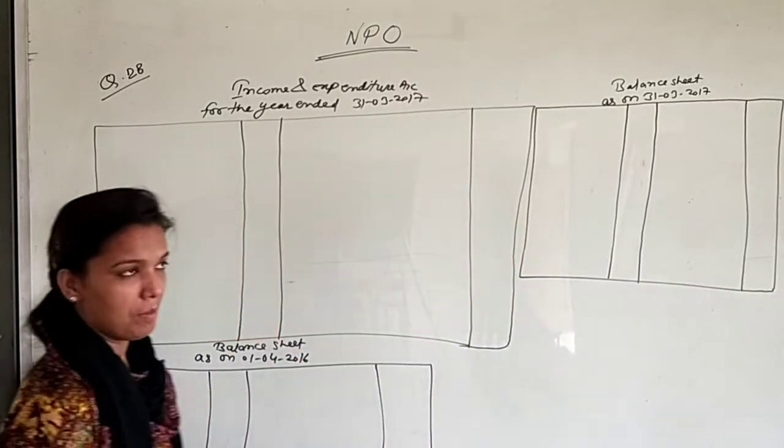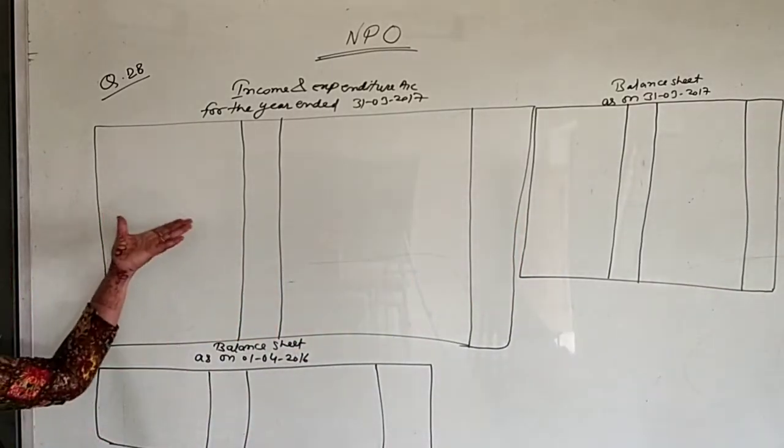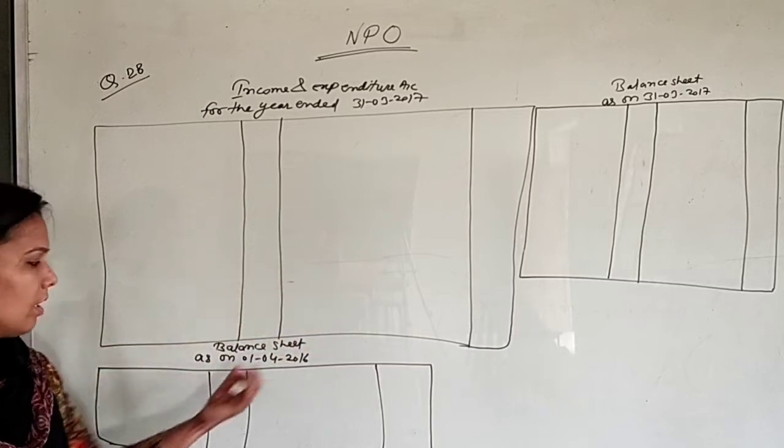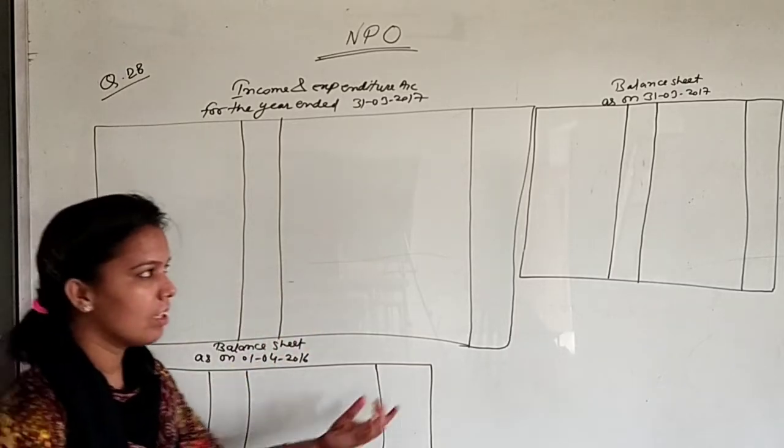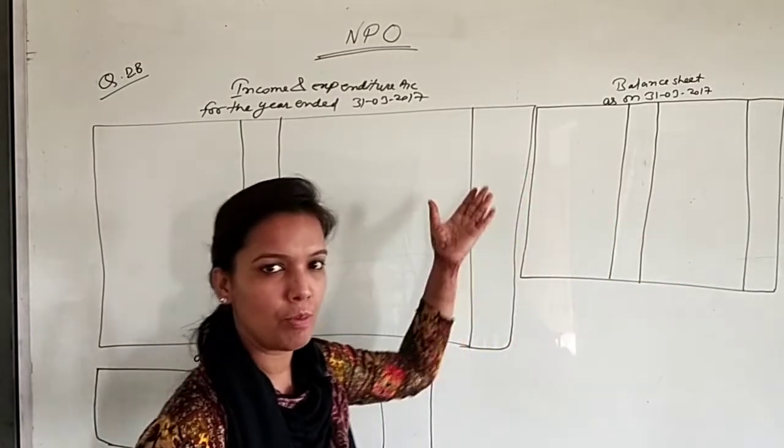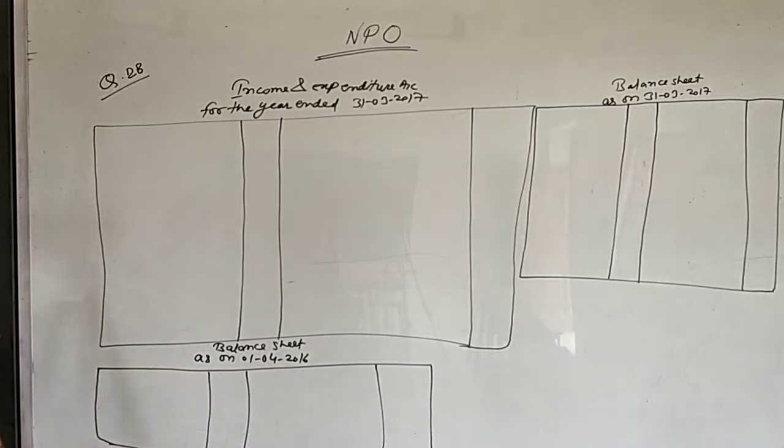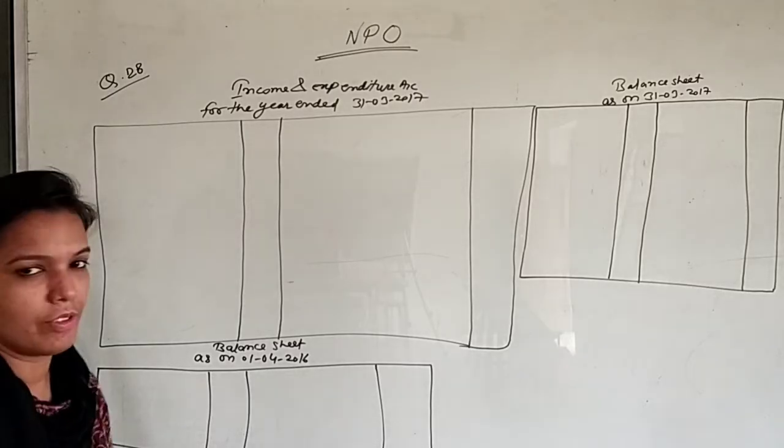The columns are same as in every question: expenditure side, income side, liabilities, assets, liabilities, assets. As I am not mentioning these points here, okay, so let's start with the first point.